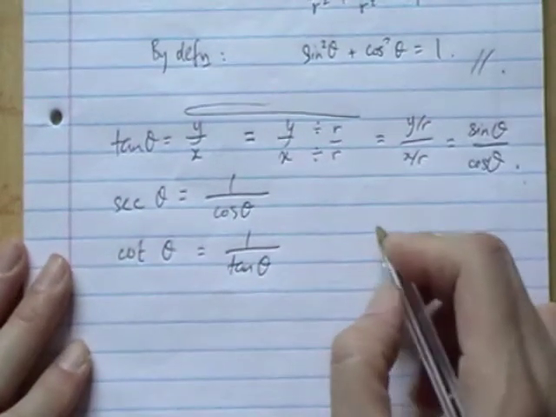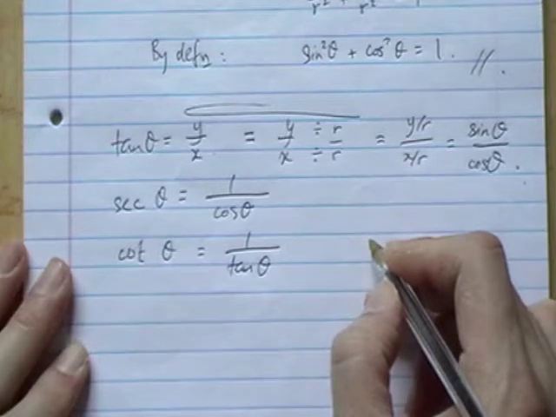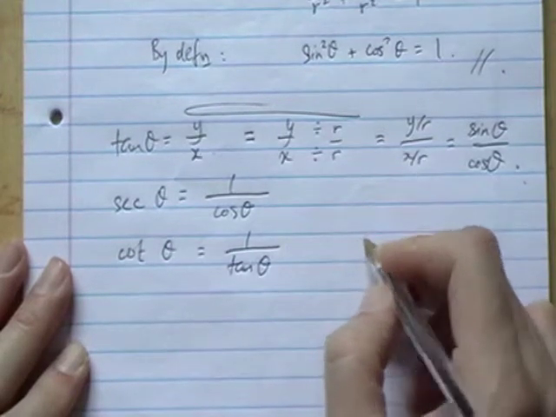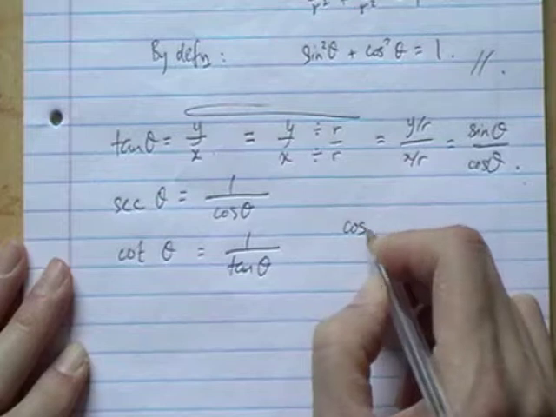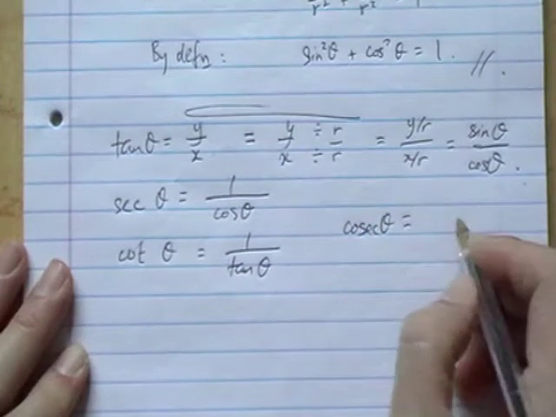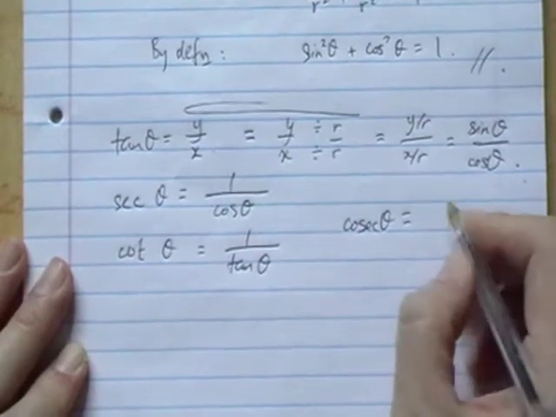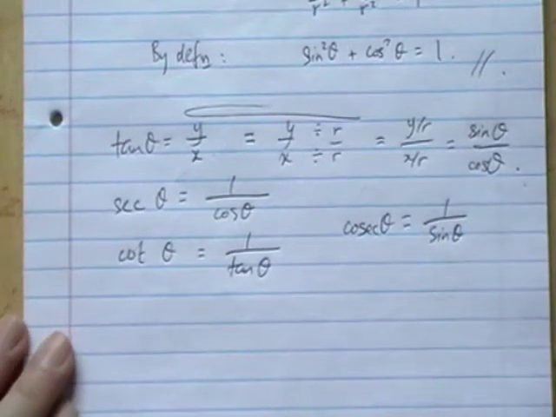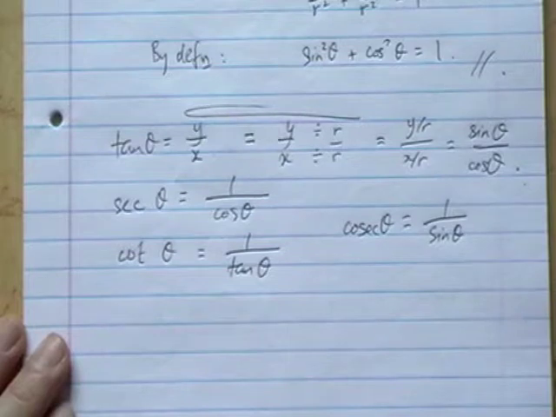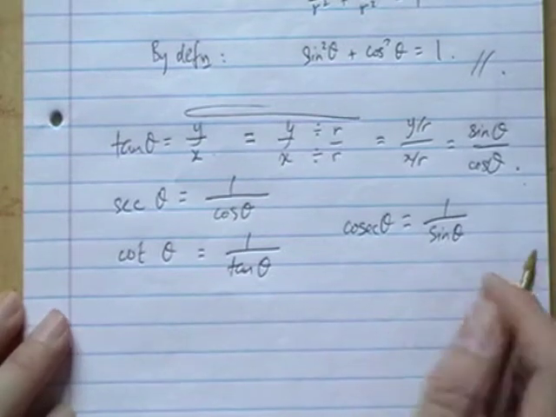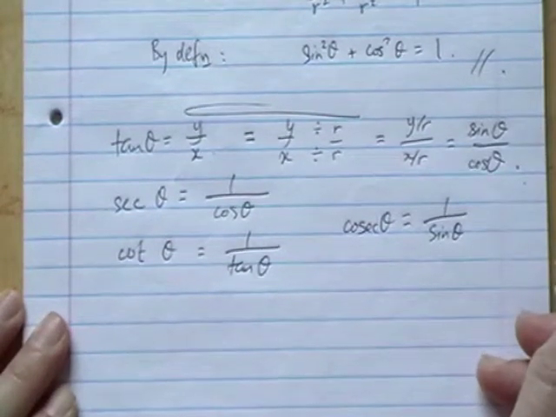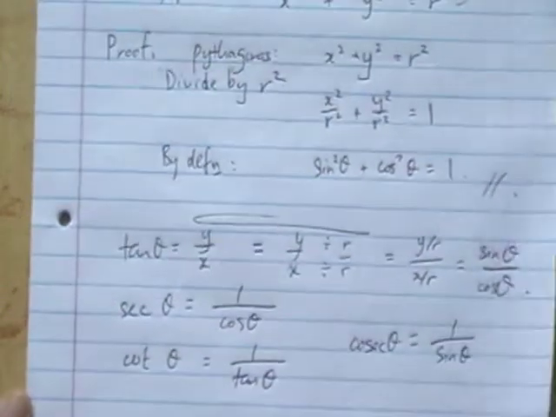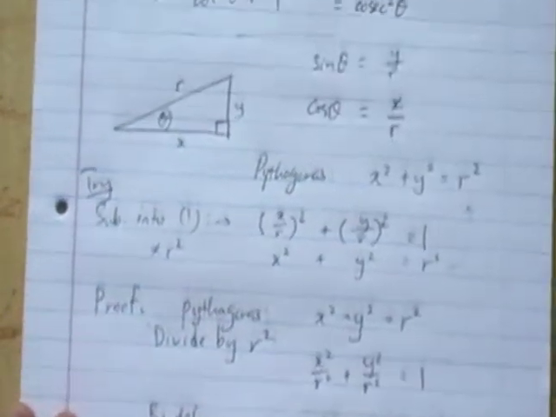And the next one that we need is cosecant theta, and that is defined as 1 over sine theta. Okay, so now we are ready to go.